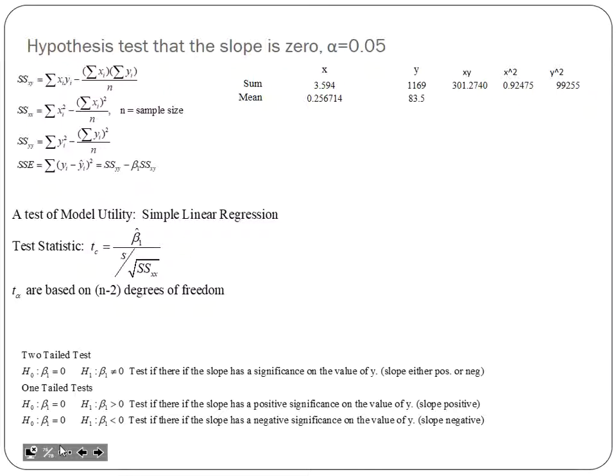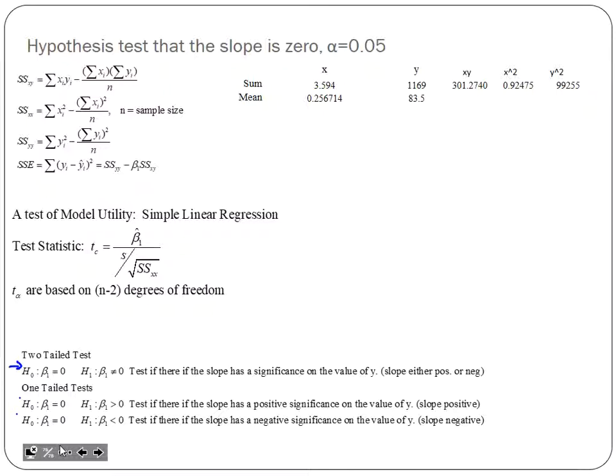Now, if you're just testing for a general linear relationship and you're not trying to make the prediction that it's a positive or negative relationship, then you just do the null and alternative equal, not equal. Some of the problems, I think a couple on your homework, say test the hypothesis that there's a positive significance on the value of y, meaning the slope is positive. In that case, you'd use the second or the third if they want it to be a negative slope.